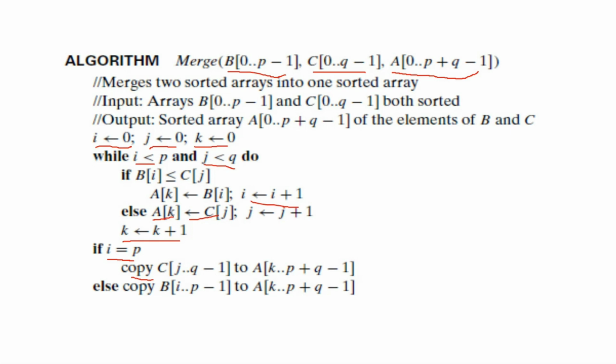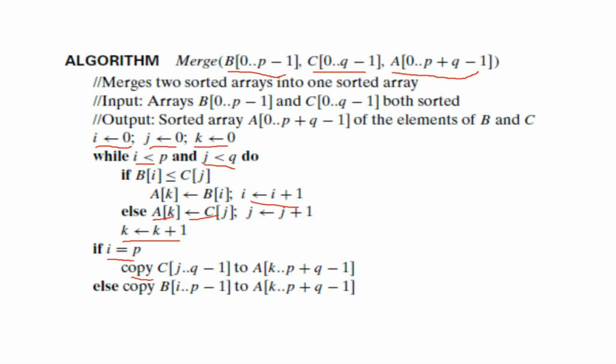So while I is less than P, that means we have elements that are to be copied and considered, and J is less than Q. So I is pointing to the array B and J is pointing to the array C. So what we need to do is compare the elements pointed to by the index I as well as the index J. So if B of I is less than or equal to C of j, that means the element that is present in the array B pointed to by the index I is smaller than the element pointed to by the index j in array C, then the element which is smaller needs to be copied first into the array A. So who is pointing to the array A?